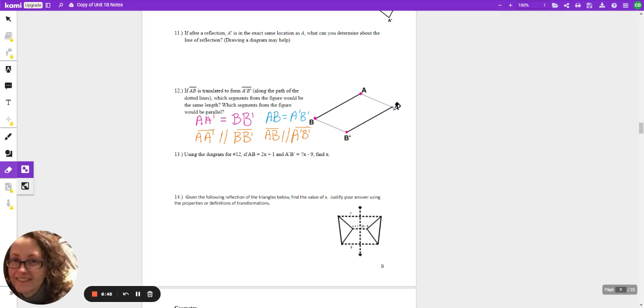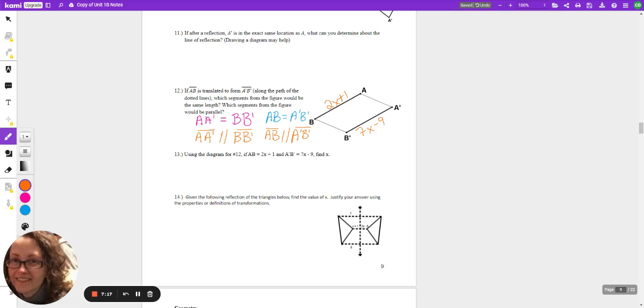Now I'm going to go ahead and kind of clean up my image here a little bit because I also see that we are going to be using the same image or the same diagram for question number 13. And they want us to label that AB is going to be 2x plus 1, and A prime B prime is 7x minus 9.